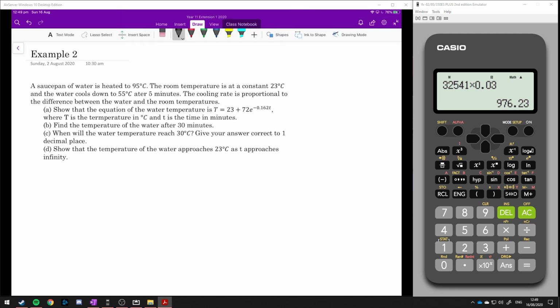Think of a hot object placed in a cool environment: the rate at which the temperature decreases is proportional to the difference between the temperature of the object and the temperature of the environment. So it's never going to get below the environment it's in, but it will get pretty close to it, or to it exactly.